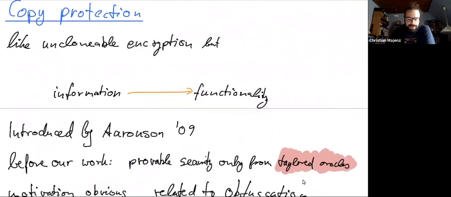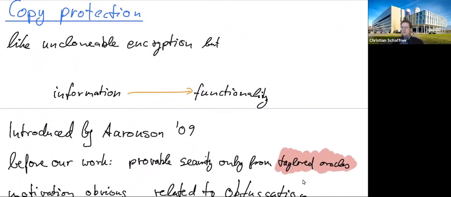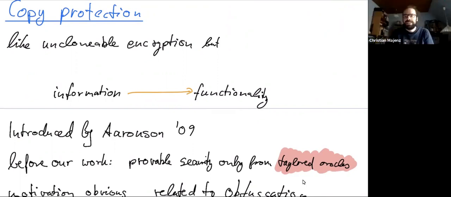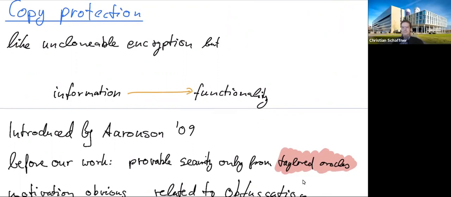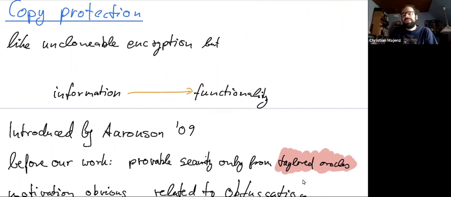Copy protection is very similar to unclonable encryption, except that we replace information that is contained in the ciphertext by a functionality. Copy protection is really what you think it is, and what software manufacturers have been trying in different ways.